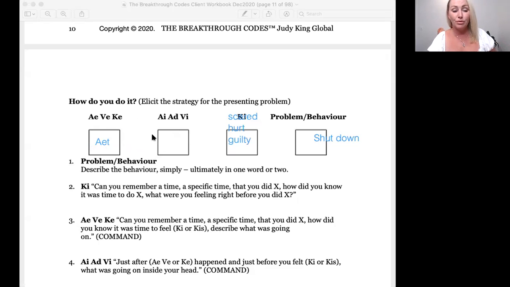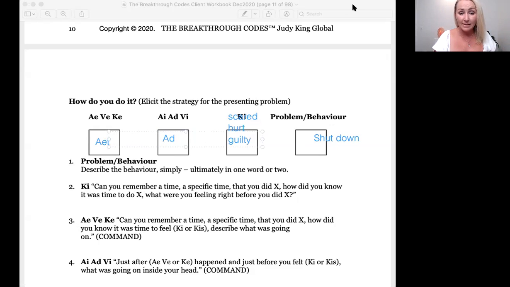Did you say something to yourself? Yeah, I said something to myself. Cool, so that goes here: auditory, digital. You could ask, what did you say? It's important to also know the language they're giving, because we can change that as well when and if we need to. All right, cool.